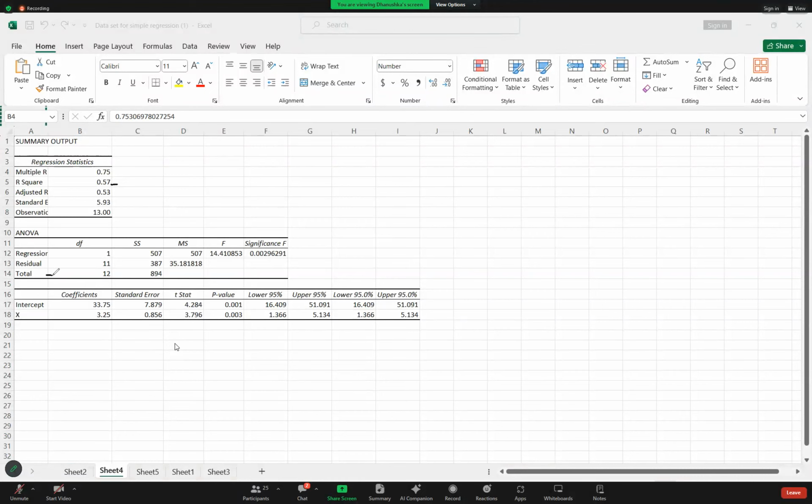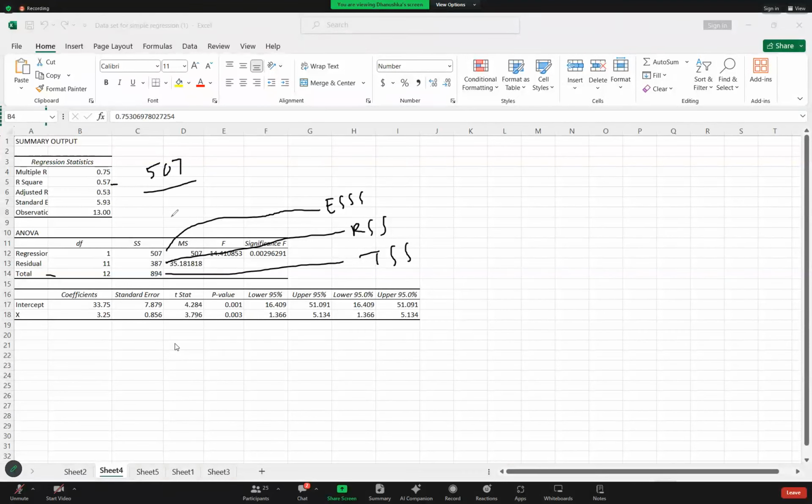And also this is the TSS. This is the RSS. This is the ESS. Then you can see here R square is equal to ESS, the explained variation, divided by TSS, meaning the total variation.